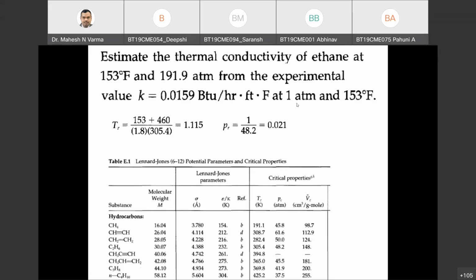So this is the temperature conversion actually. Some 9/5 something will be there. So this is 153, and this is 305.4, and this is the reduced pressure. Everybody is getting reduced temperature 1.115 or 1.12 something, and reduced pressure 0.002.